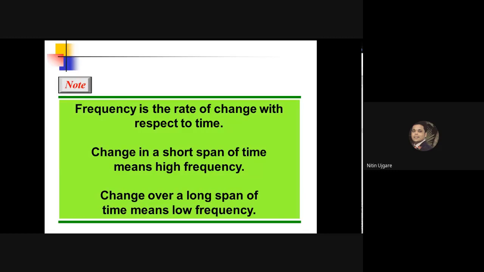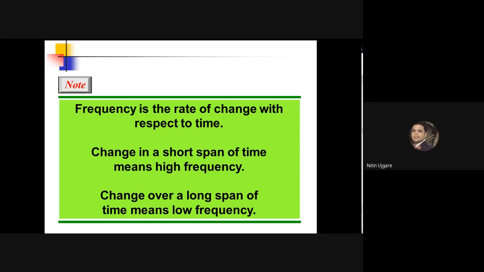Let's go ahead. We have to see some fundamentals of frequency as well. We already know that frequency is the relationship of a signal to time, and that the frequency of a wave is the number of cycles it completes in 1 second. But another way to look at frequency is as a measurement of the rate of change.